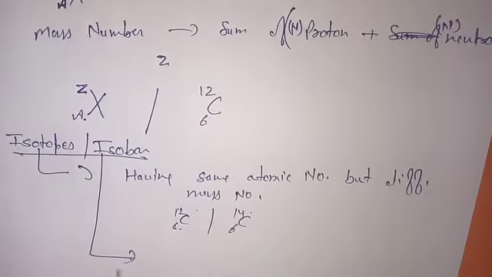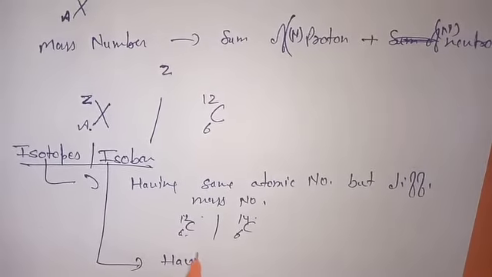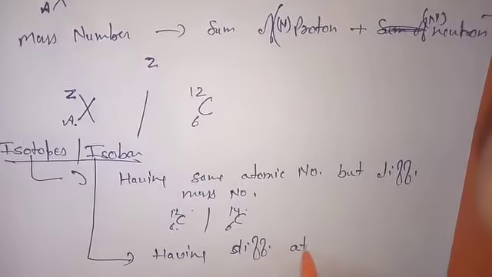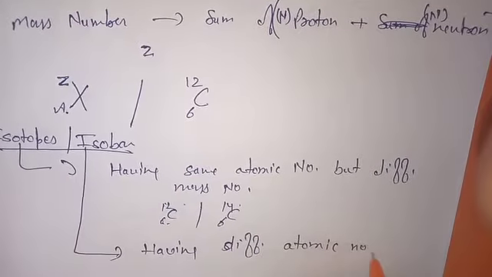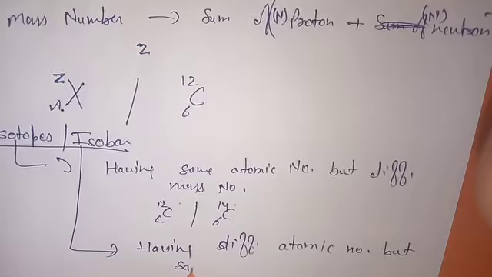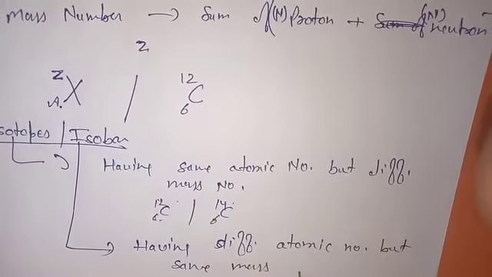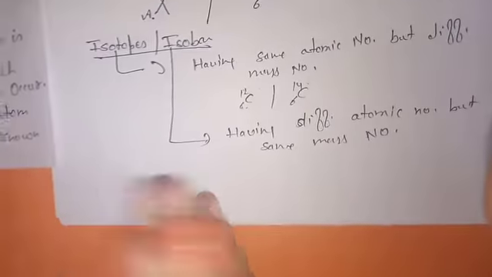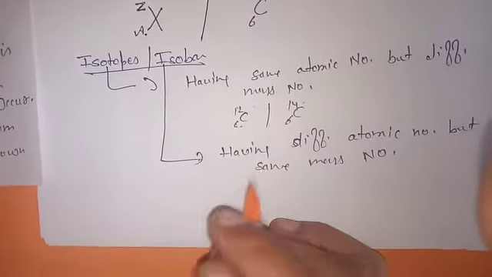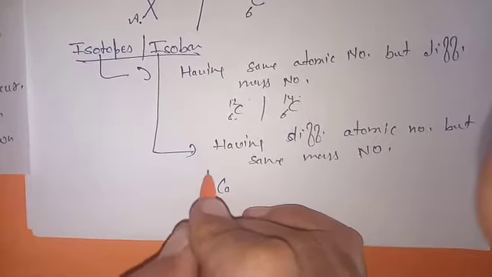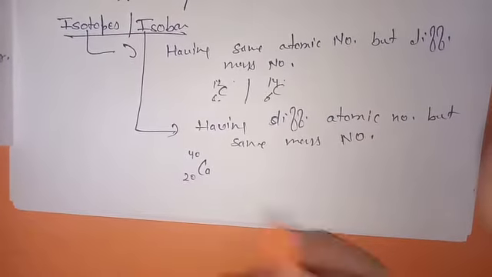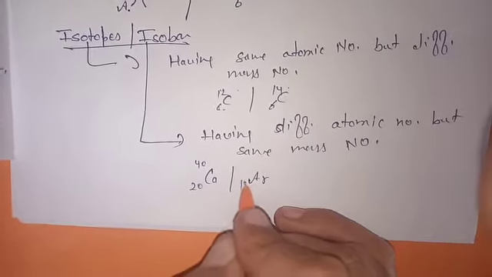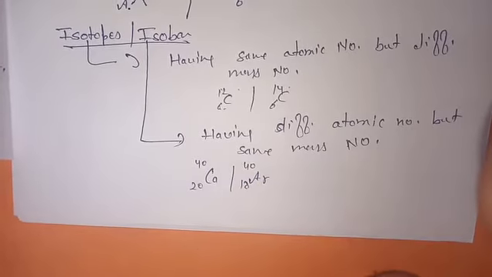Now what about isobars? It is the reverse: having different atomic number but the same mass number. This is possible when you compare two different kinds of elements, like calcium with atomic number 20 and mass 40, and argon, whose atomic number is 18 and mass is 40.